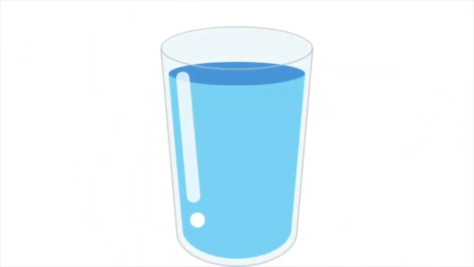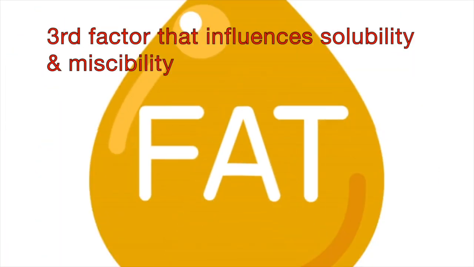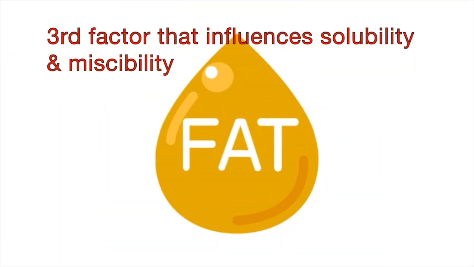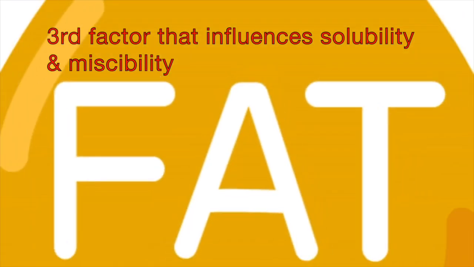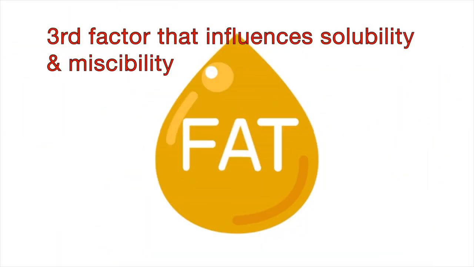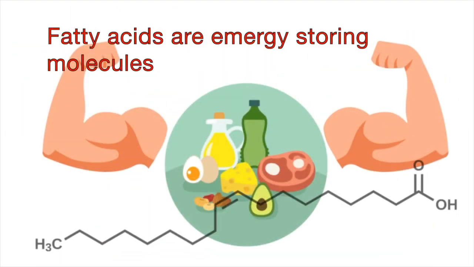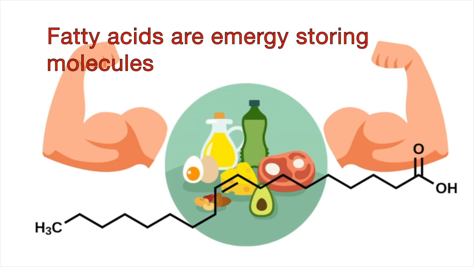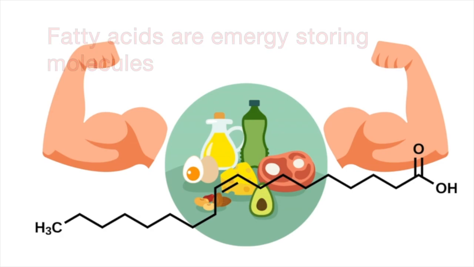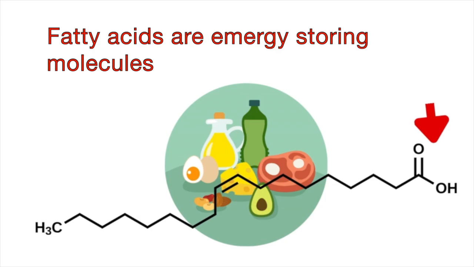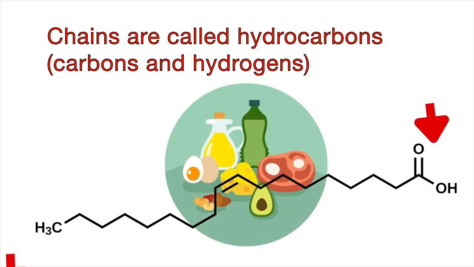Okay, so we've covered water, we've covered salt. Let's now look at the third factor that influences solubility and miscibility, and that is fats. Fatty acids are energy-storing hydrocarbon chains, starting with a carboxyl group at what is called the alpha end, connected to a series of hydrocarbon molecules until you get to the last hydrocarbon, always referred to as the omega end of the molecule.